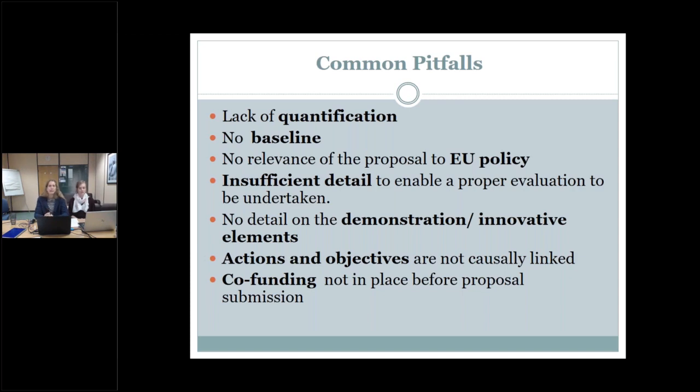This is the list of our common pitfalls, and it's the reverse side of the top tips. As I've already said, lack of quantification is probably the main reason why our applications fail, because organizations' applications don't state we want to achieve X amount of greenhouse gas emissions by 2030.